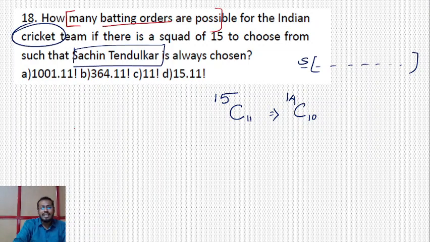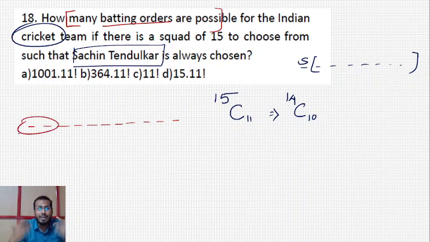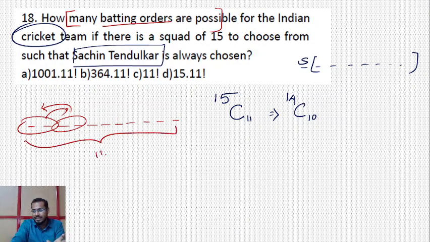Batting order means 1 2 3 4 5 6 7 8 9 10 11, 11 persons are standing. There are two openers. If they have not played well, in the next match I will interchange them, right? So how many interchanges we can make using these 11 players, that is called changing the batting order. So totally 11 players and 11 places, right?